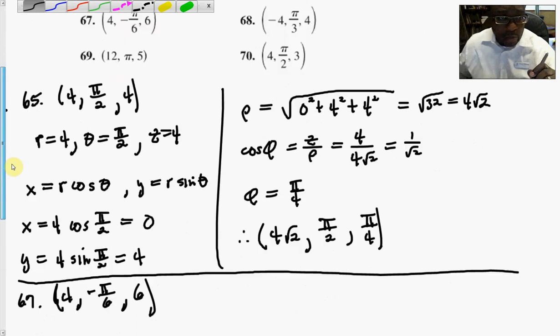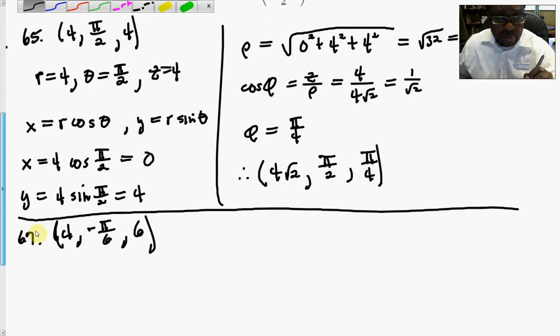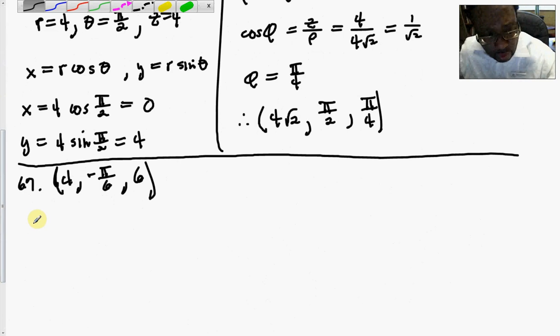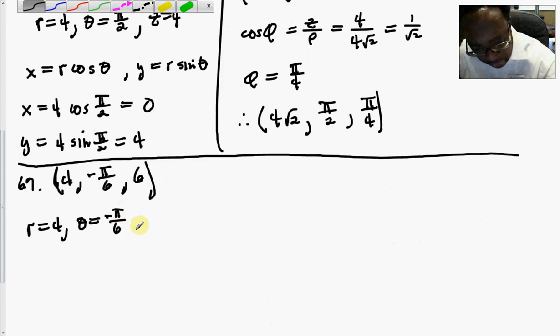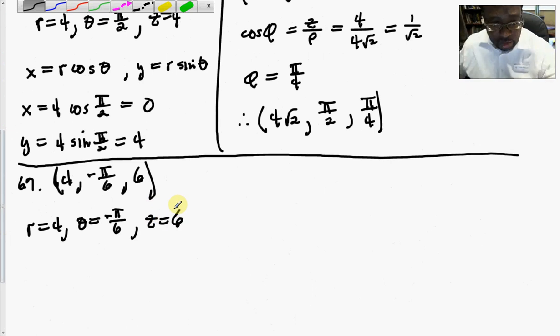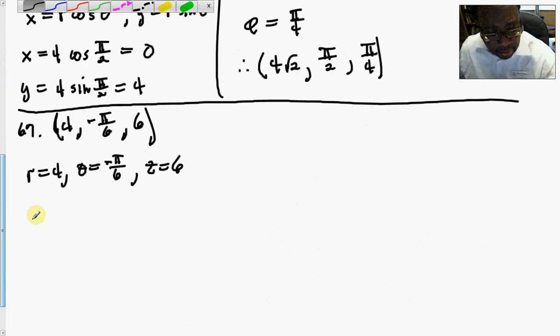Again, you recall that this point is given in cylindrical coordinates. So r is equal to 4, theta is negative pi over 6, and z is equal to 6. So we have to find x and y, then take z to find rho.